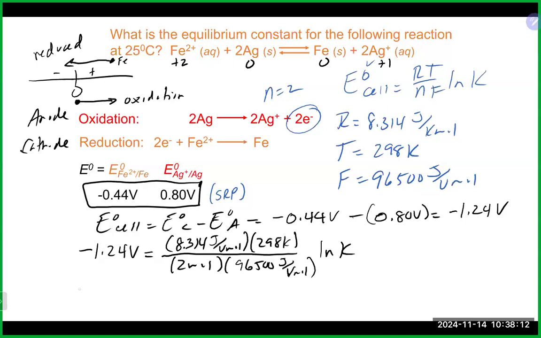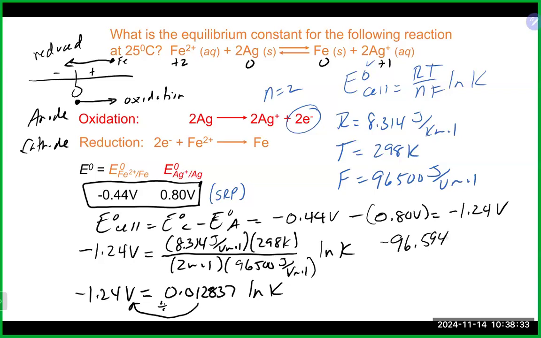Going to give us negative 1.24 volts is equal to 0.012837 natural log of K. We then could divide that to the other side. And if we do, we will end up with about negative 96.5945 equals the natural log of K.